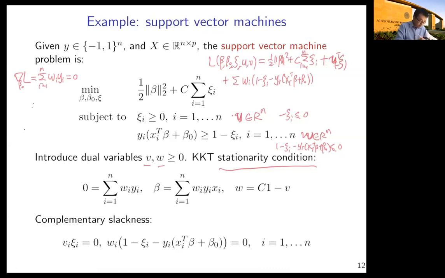That gives us the first condition. Let's take the partial gradient with respect to beta as a vector, so the coefficients, not the offset. We first get beta, plus the sum of w_i y_i, in fact minus y_i x_i.